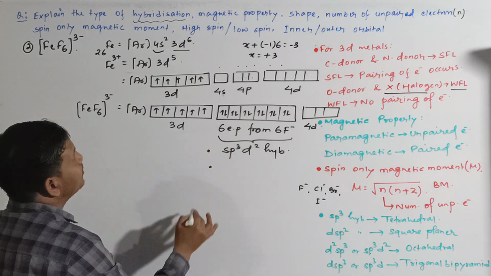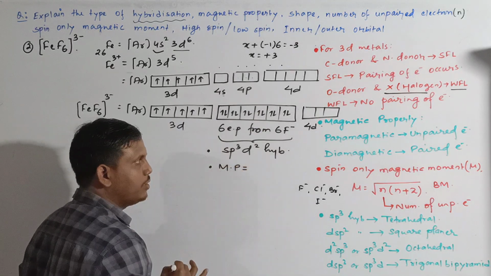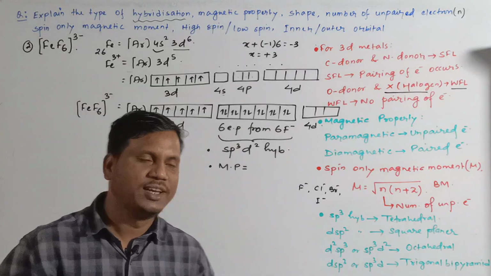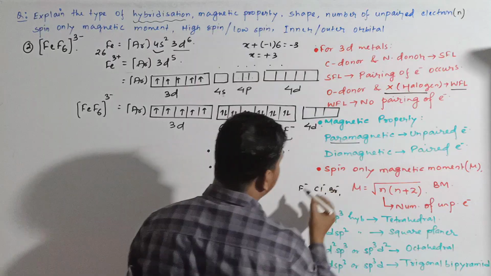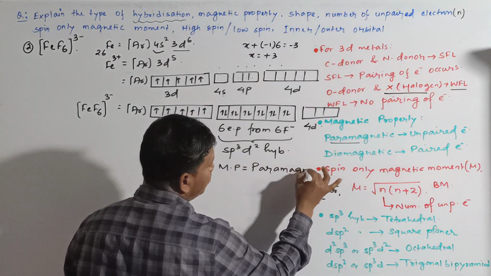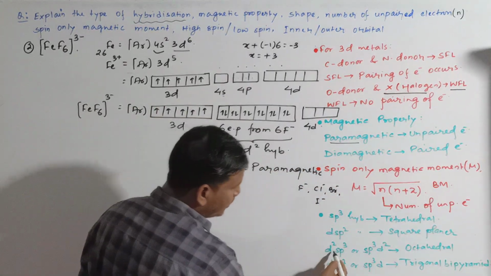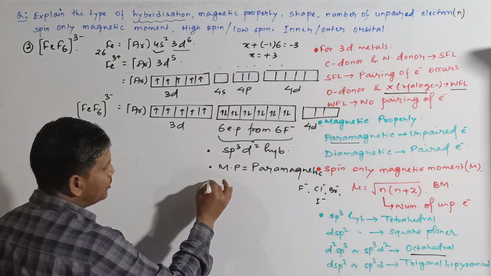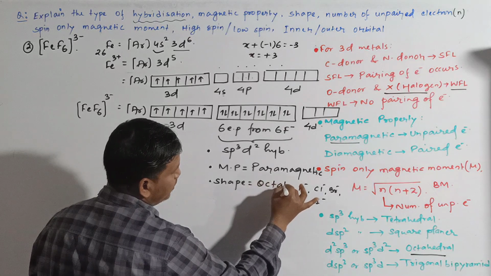Now next is the magnetic property. So what will be the magnetic property? Here 5 unpaired electrons are present. Unpaired means paramagnetic, so it will be paramagnetic due to the unpaired electrons. Shape: whether d2sp3 or sp3d2, the shape will be octahedral.